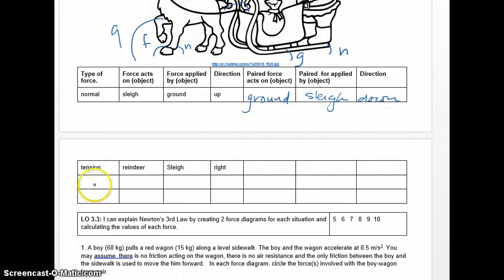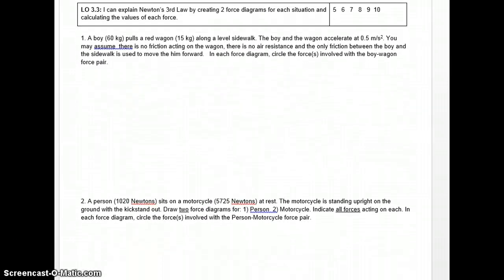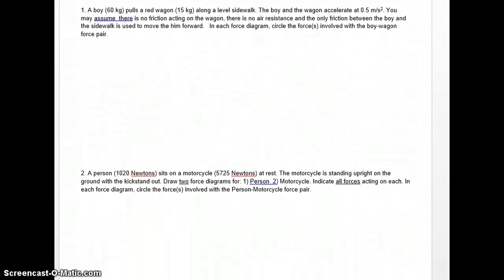Okay, and you can have gravitational force where you say that the earth is pulling the sleigh down, and then the other force pair for gravitational force is that the sleigh is pulling the earth up, and so forth.